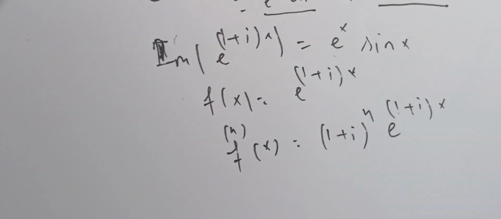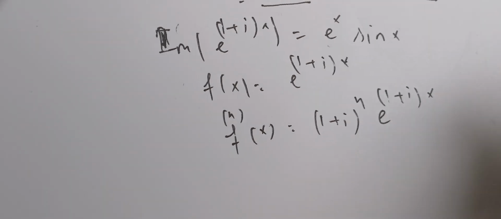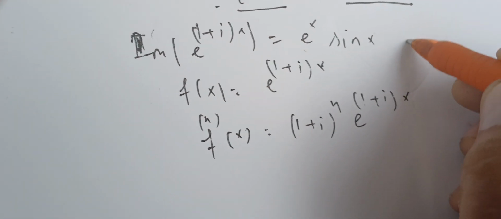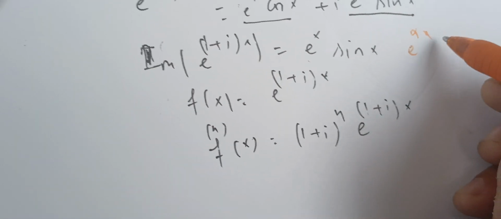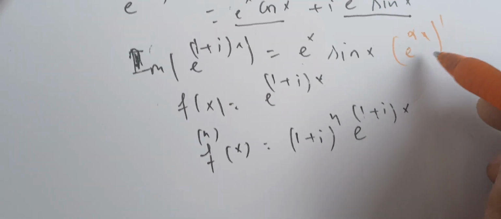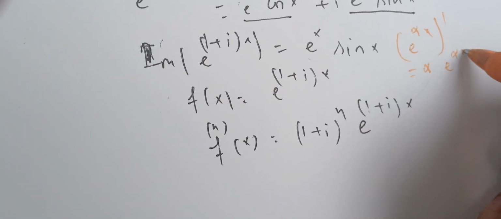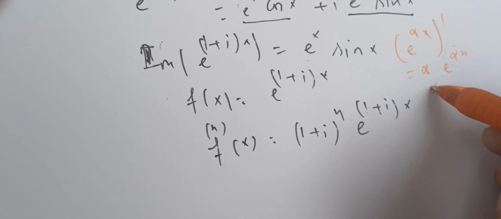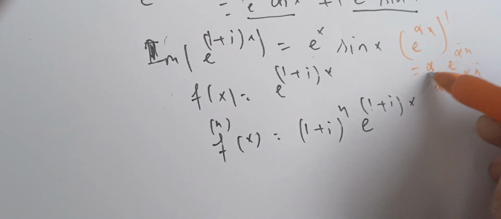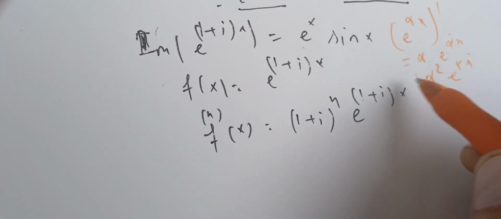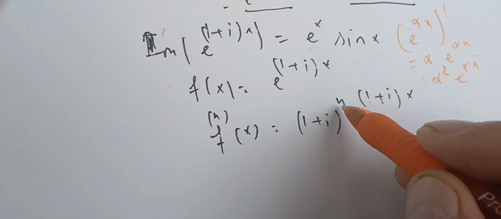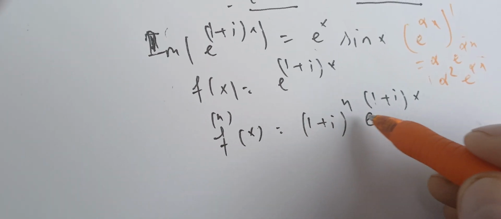We can prove it by induction, or we can just see that e to the alpha x, if you differentiate one time, you get alpha e to the alpha x. If you differentiate twice, you get alpha squared e to the alpha x. You see that the order of the derivative is the power of this 1 plus i.